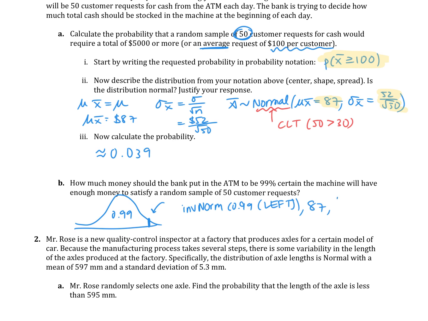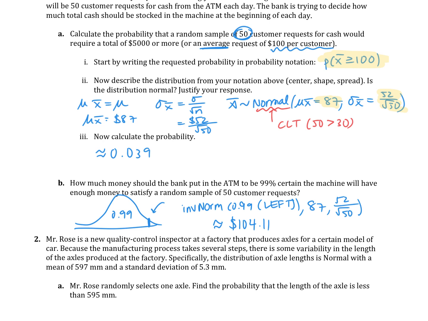Mean of 87, standard deviation of 52 over the square root of 50. And we should get about $104.11.